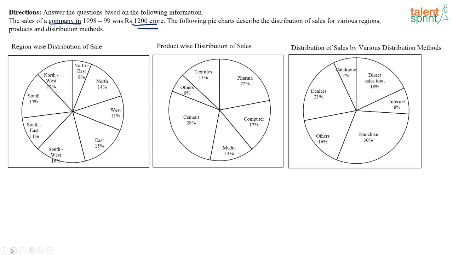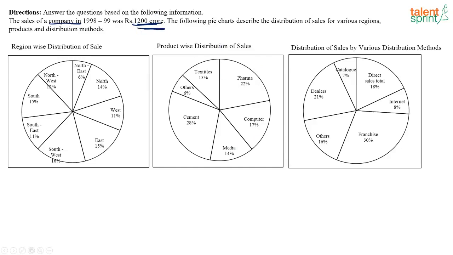Also, another thing that you have to remember here is that when you consider this region wise distribution of sale, put together, the total sale here is 1200. Out of this 1200 crore, if you look at Northeast, they have sold 6% of this 1200 crore. If you see North, they have sold 14% of this 1200 crore. Similarly, with respect to product, again it's the same. Total sales is 1200 crores.